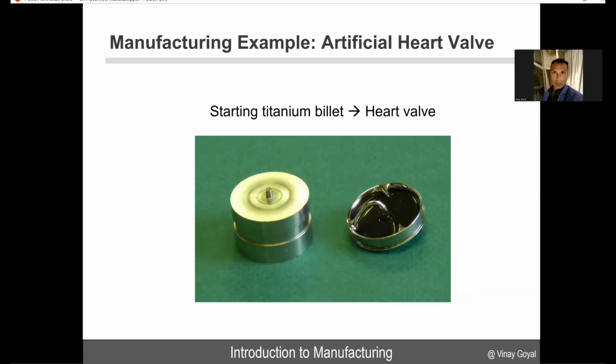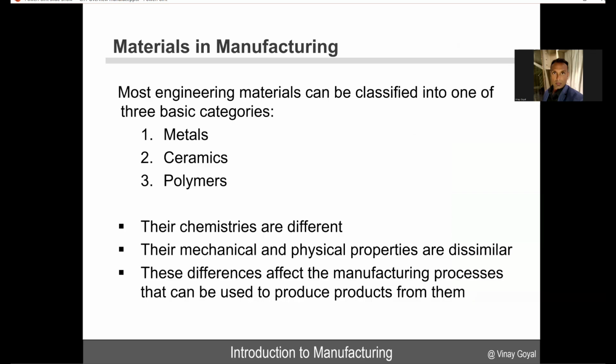An example of a manufactured product here is the artificial heart valve. It starts with a titanium billet and it results in a value added to human society through the manufacturing of a heart valve. Manufacturing requires having to shape or modify materials.